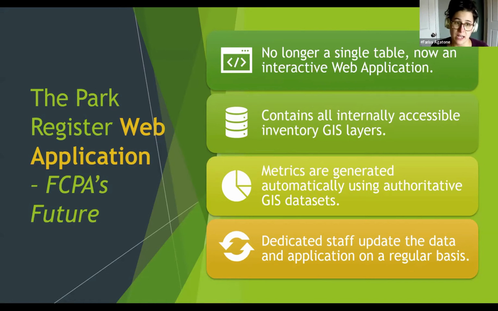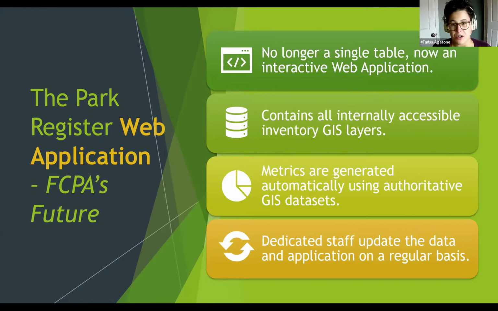So it's not a single table anymore. The Park Register is now a web application, which I'll demo here in a couple of minutes. It has all of our internally accessible inventory GIS layers. Like I said, we're still working on the data. We're always going to be working on the data. That is GIS staff. It is an eternal effort, the data.